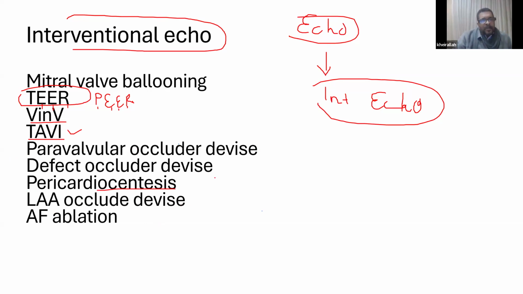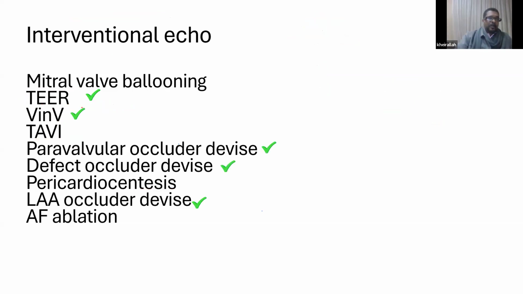So from these, which one needs guidance? Of course for all we have to do echo, but do you need guidance, meaning you have to be with the interventionist while doing the procedure? Yes. In TEER, in valve in valve, in paravalvular occluder device, in defect occluder device, in LA occluder device.